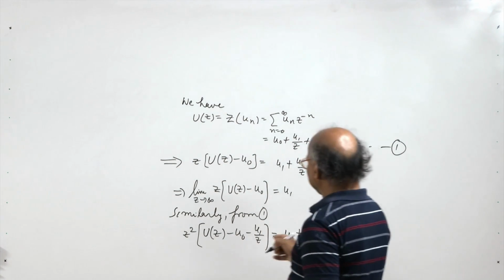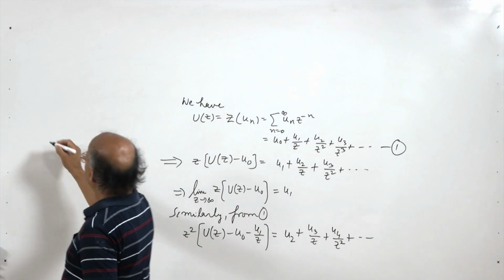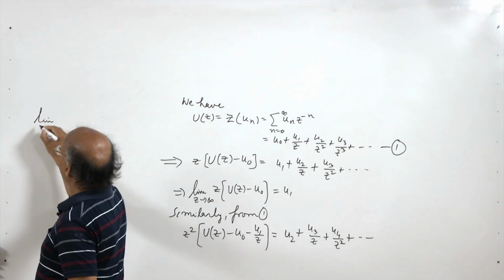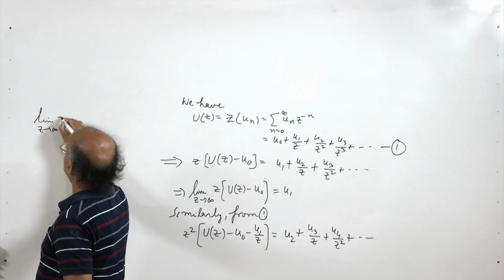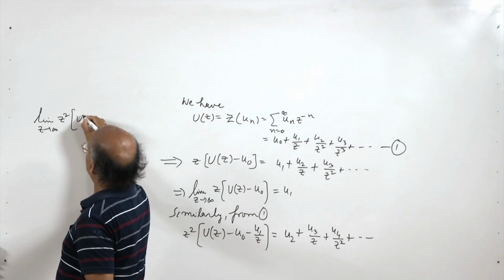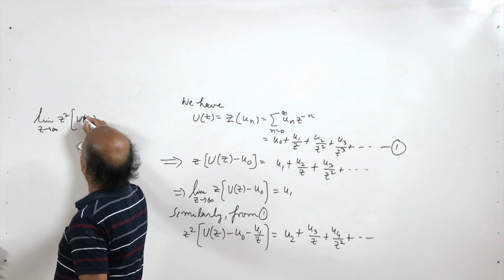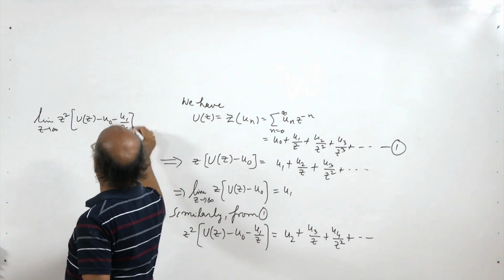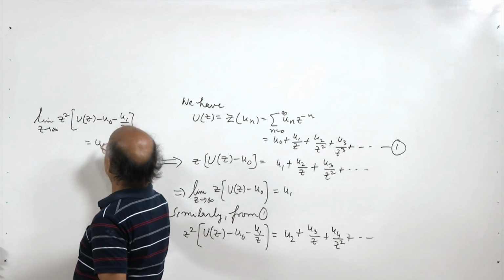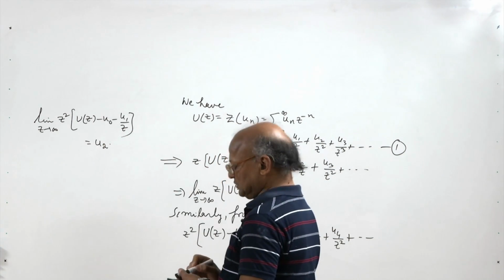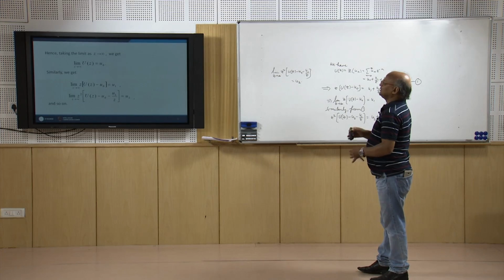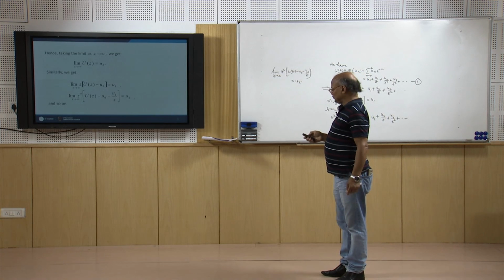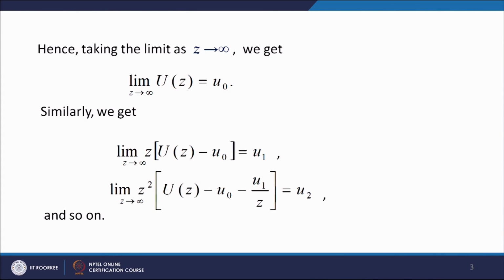So, taking the limit again as z tends to infinity, we get limit z tends to infinity z square times (U(z) minus u_0 minus u_1 by z) equal to u_2 and so on. So, this is how we can get the initial values of the sequence u_n from its Z transform.